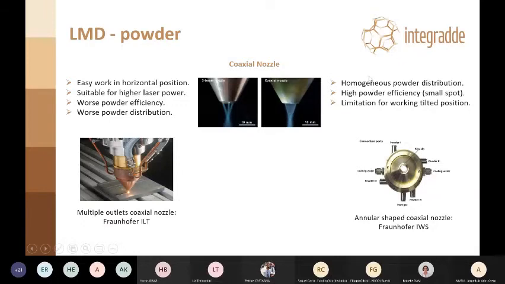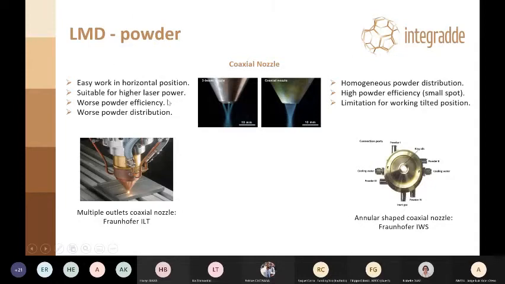In this case, the powder distribution is very homogeneous. You have a high powder efficiency in a small spot, but you have the limitation for working in tilted position. Here, the best position is just the vertical one, or you can go maybe to a 20-25 degree tilt.